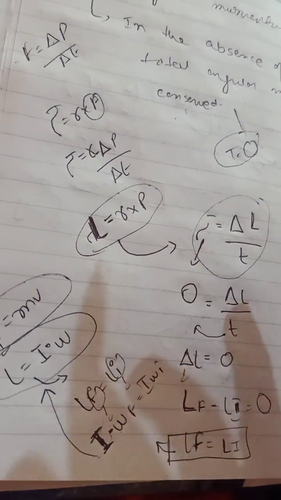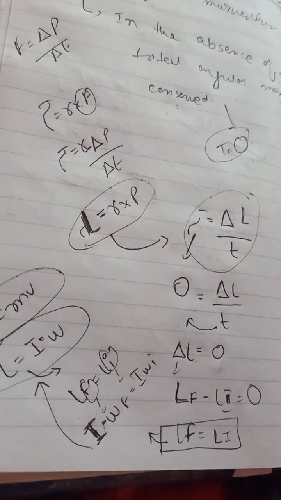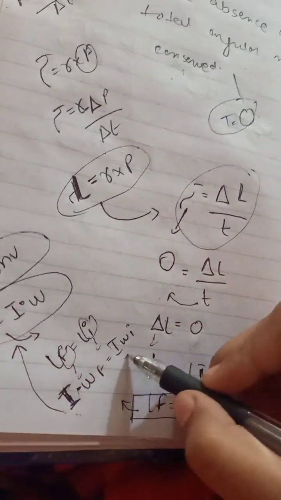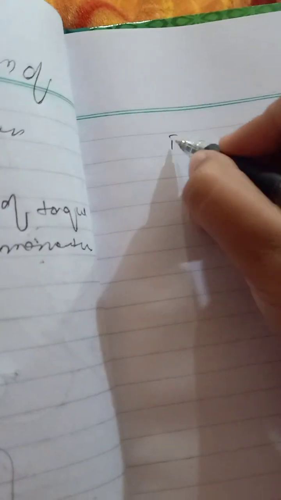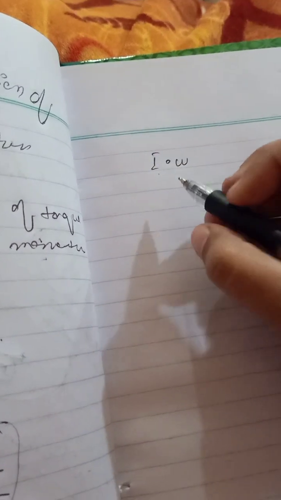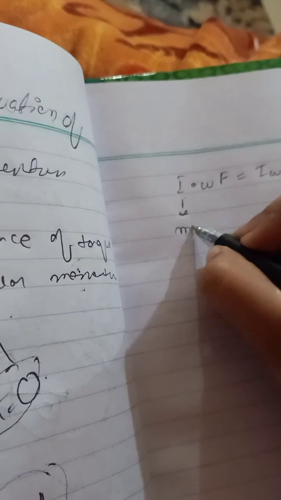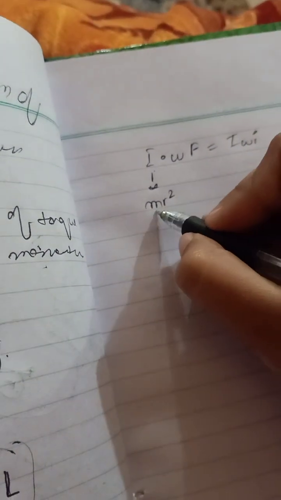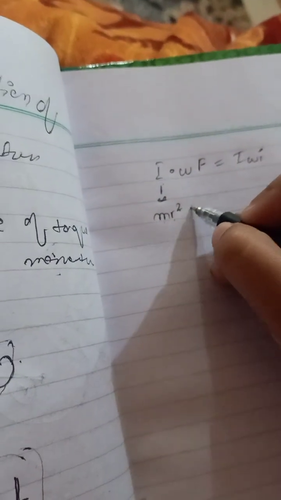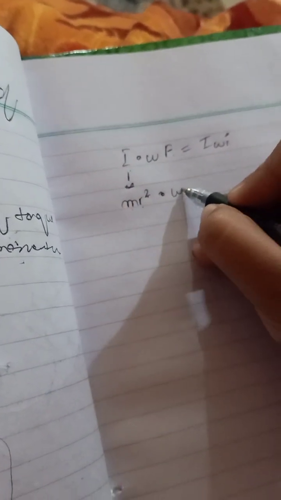And there you can see the ratio will be the same. So I omega is the angular momentum, and the unit of moment of inertia is kilogram meter squared.